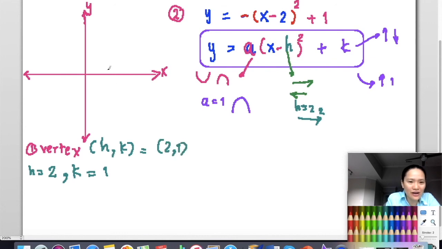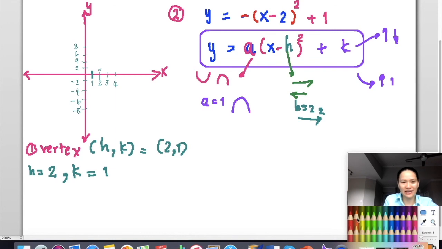Okay, let me draw the graph. I put 1, 2, 3 on the x-axis, and on y, 2, 4, 6, 8, and negative 2, negative 4, negative 6, negative 8. Our vertex is (2, 1), so 2 and 1 could be here.